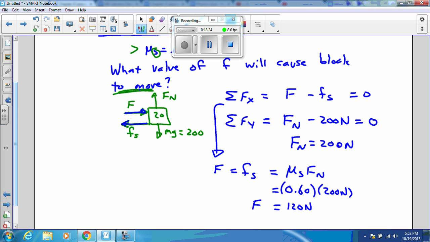In other words, I come along and push on the block, and if I start pushing with a force of 0, I will increase that force until it hits 120, and right at that moment, the block will break free. So the only thing that we added here was the fact that the static frictional force maximum value is mu times the normal.